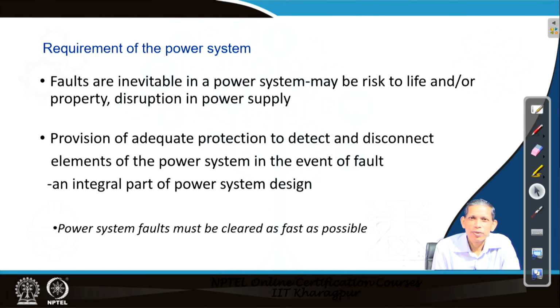From the earlier discussion we can conclude that faults must be cleared as early as possible to avoid damage and risks to life, and from the stability as well as the power quality perspective.